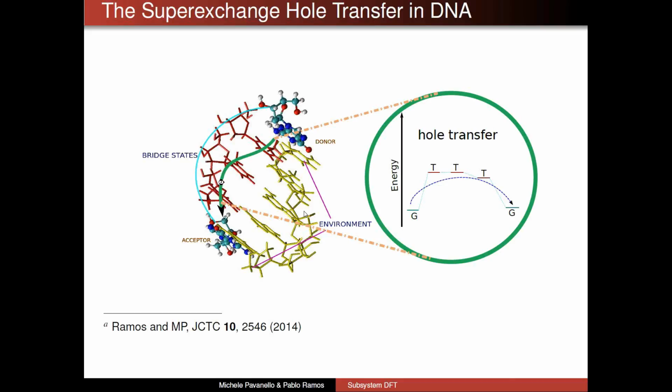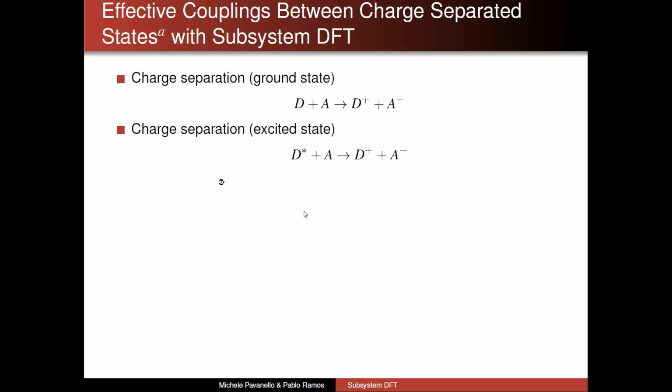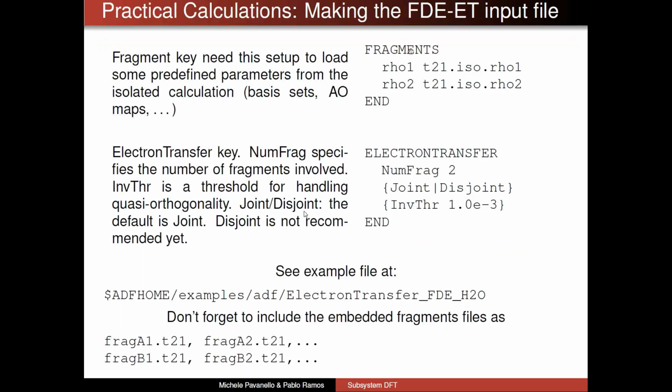That is definitely possible, and the way you would achieve it is by essentially adding additional fragments to your fragments key, and then in the FDE calculation, just simply putting the isolated fragment TAPE files. And that would include those densities in a frozen way, so they would be frozen densities, and your system would see them without having to do freeze and thaw over them if you don't want to.